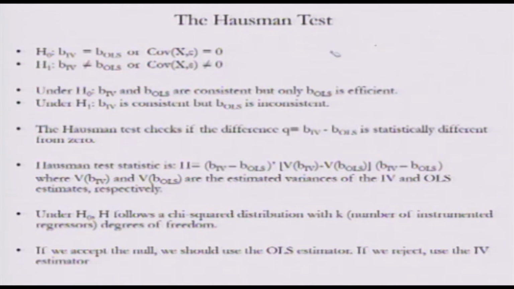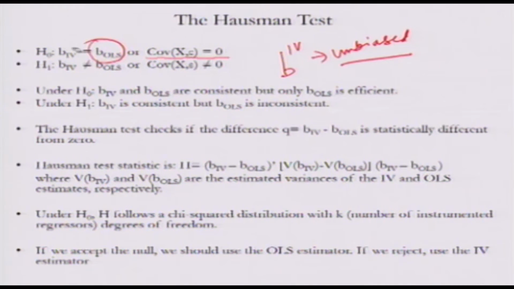Under the assumption that the IV is valid and relevant, B IV is unbiased, and if B IV is unbiased and equal to B OLS, this means that B OLS is also unbiased, and then it must be true that X is exogenous and the covariance between X and the error term is equal to 0.